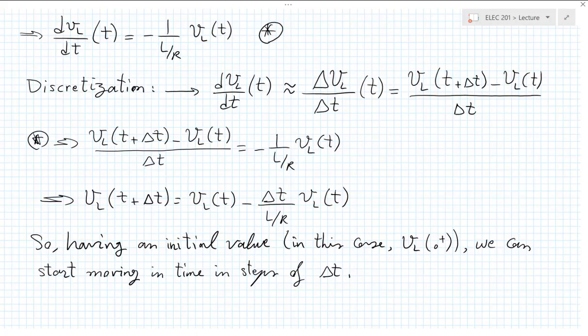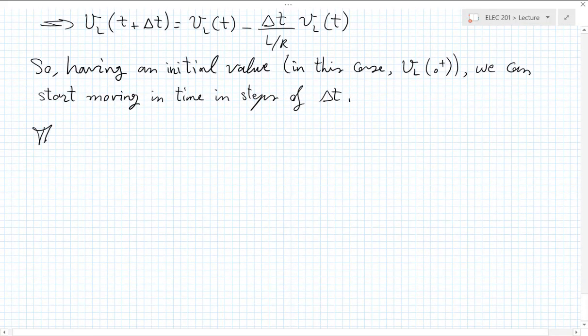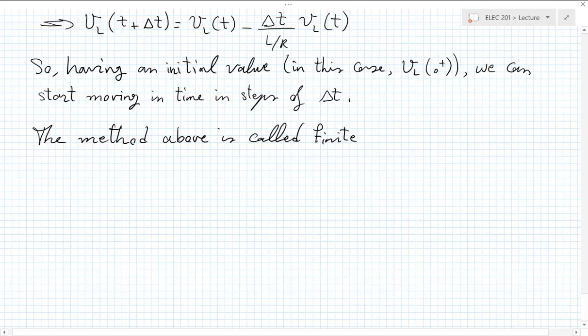This is called the method of finite differences. You turn the equation into a finite difference equation. And in particular, because we are working in time, finite difference time domain, FDTD, is known. So this is the method above is called finite differences.